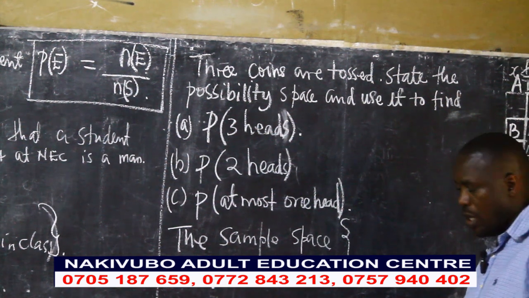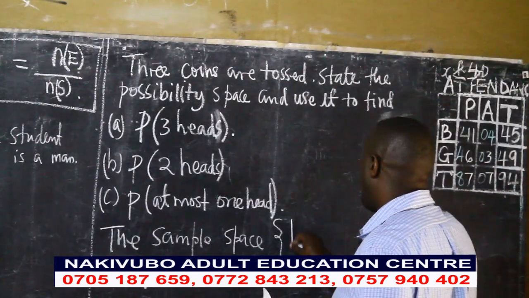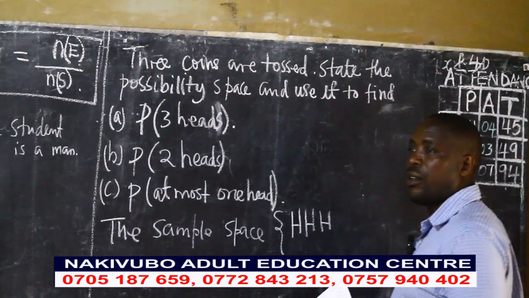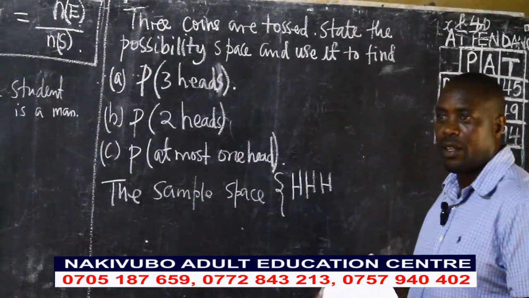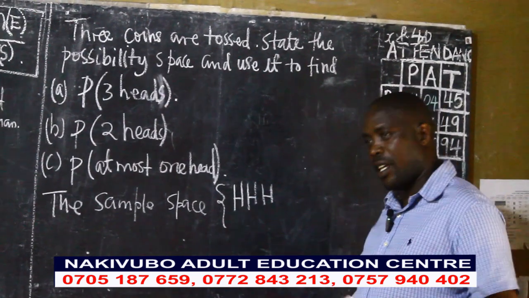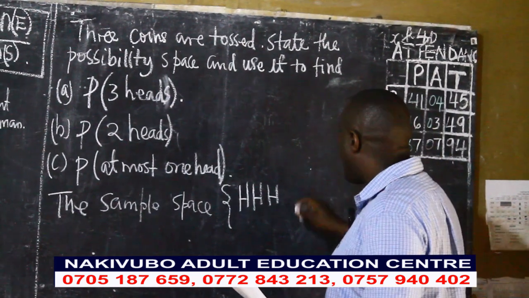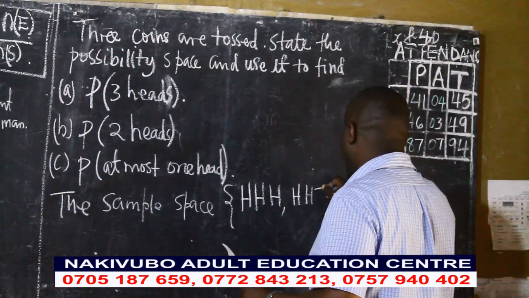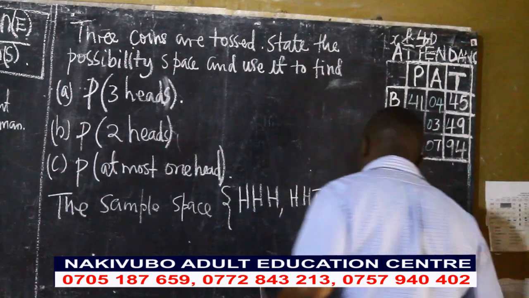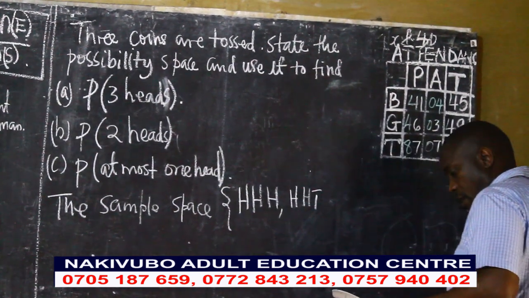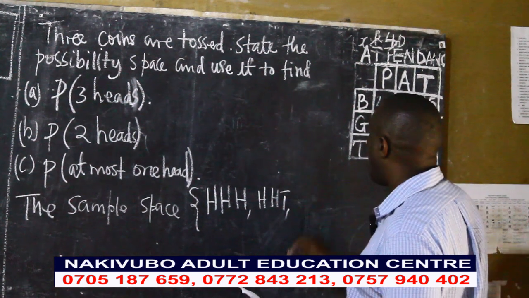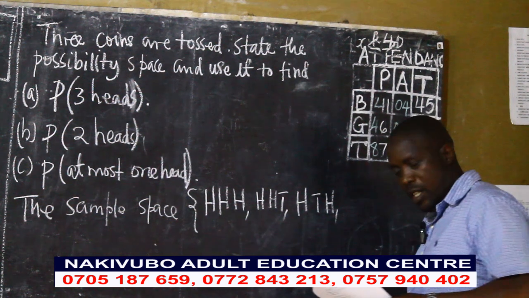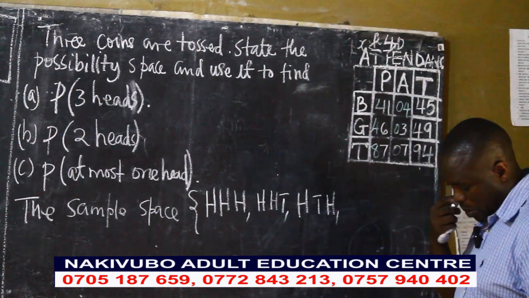All the possible outcomes. So you might get head, head, head. There are 3 coins, and all the coins may show you a head. Is that clear? You can also get head, head, tail. We can also get head, tail, head. That is also possible.